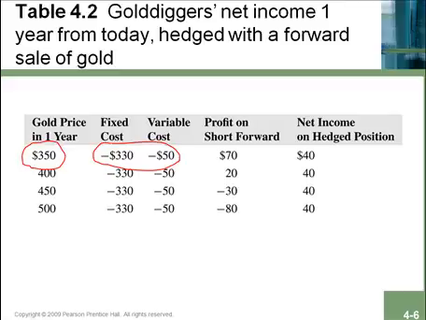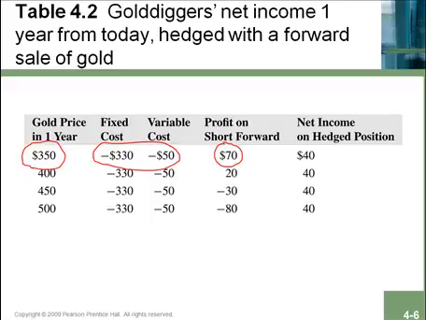You see, the short forward payoff is $70. How do I know that? Well, the short forward payoff is always the forward price minus the spot price at expiration. So it's that $420 forward price minus the $350 spot price of gold at expiration, or $70.